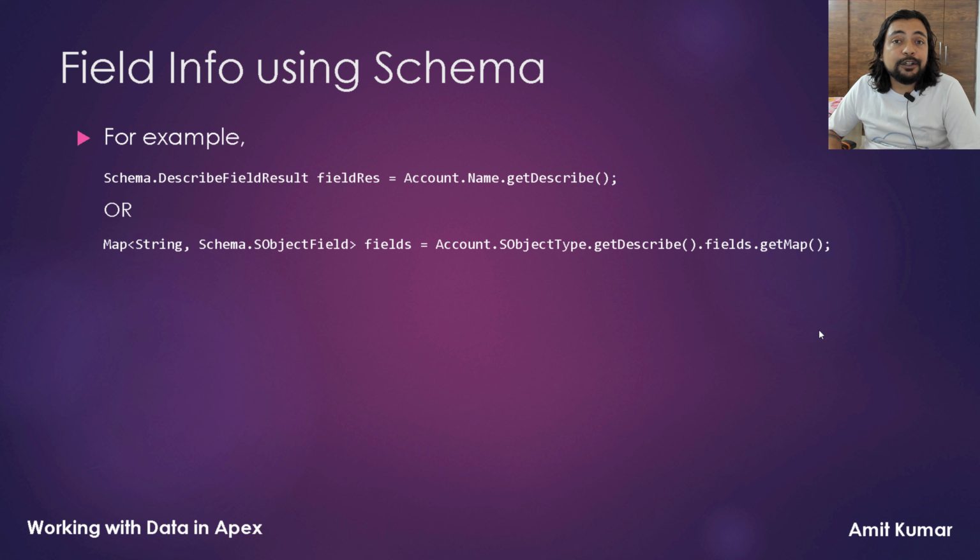Finally, we are calling the getMap method on the fields property so that we can get a map of different fields. Now this map contains key-value pairs, just like any other map does. The key is a string type and the value is SObjectField type.